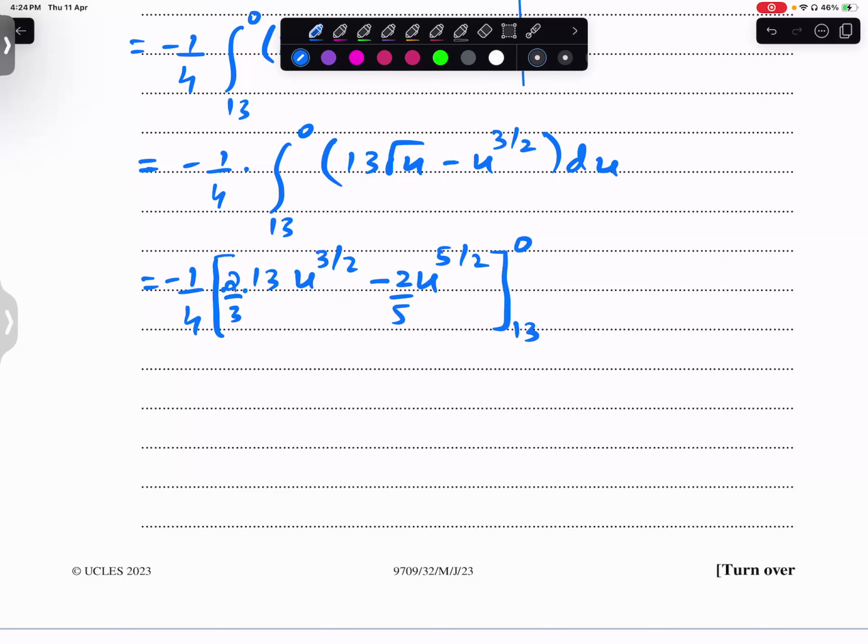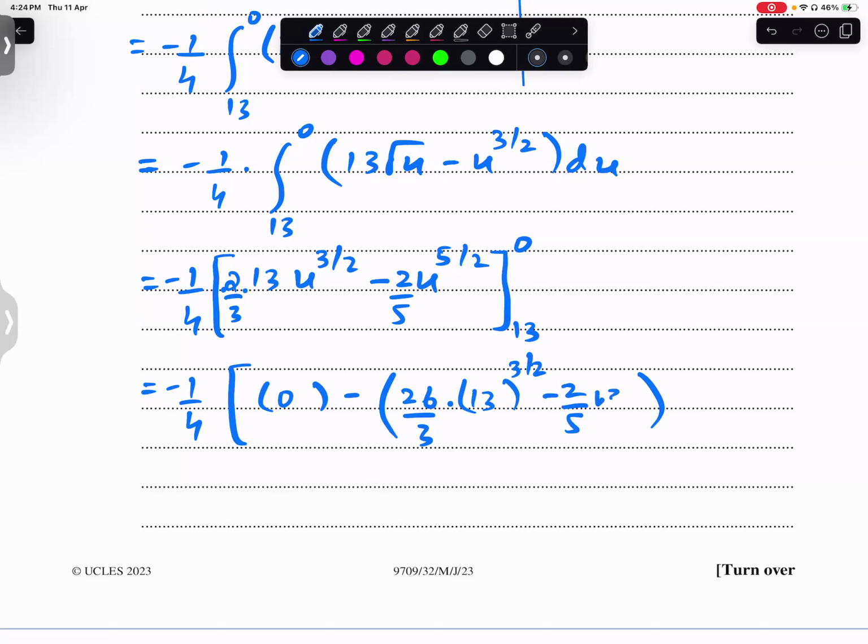Upper limit is 0, 0 minus 0 will become 0, minus lower limit will give you 13 to the 26 over 3, then 13 power 3 by 2 minus 2 by 5, 13 power 5 by 2.